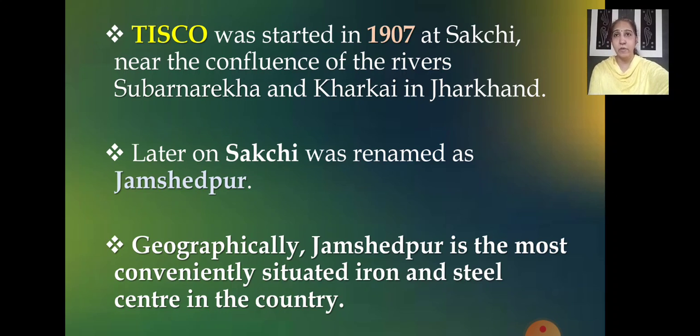Children, you will see why the location was chosen like this, because the factors affecting the location of industries have been considered here. Later on, Sakchi was renamed Jamshedpur. And geographically, Jamshedpur is the most conveniently situated iron and steel center in the country.